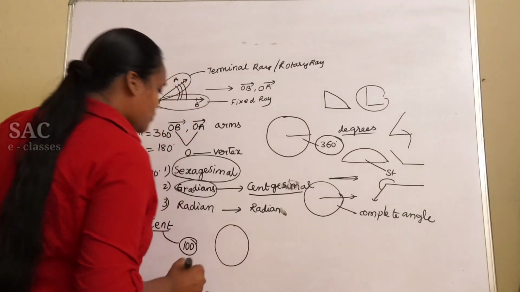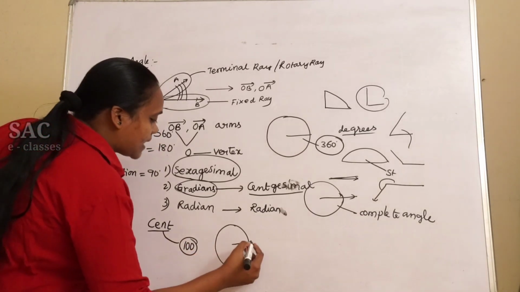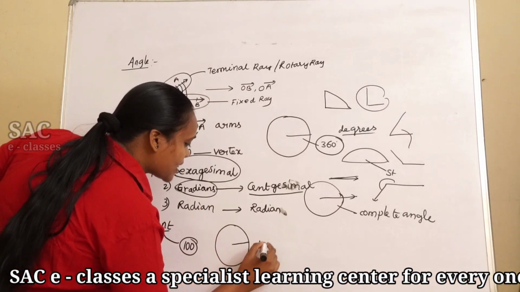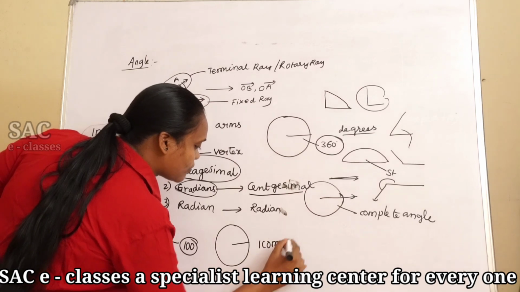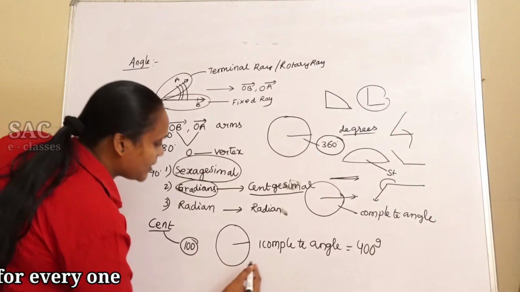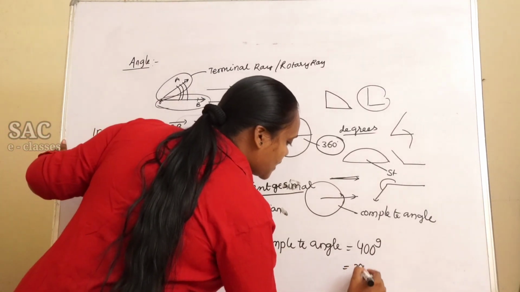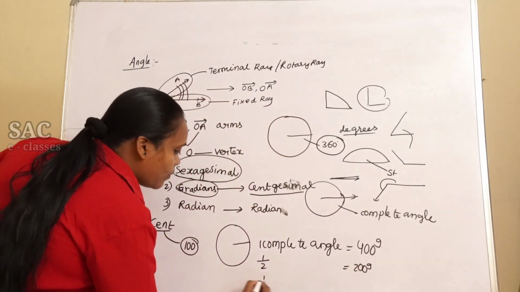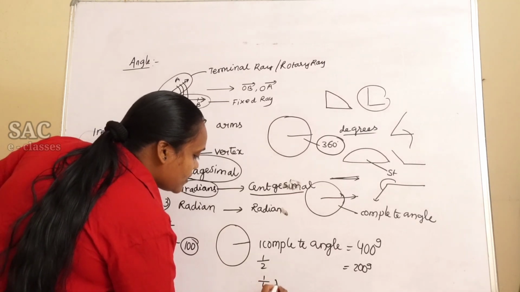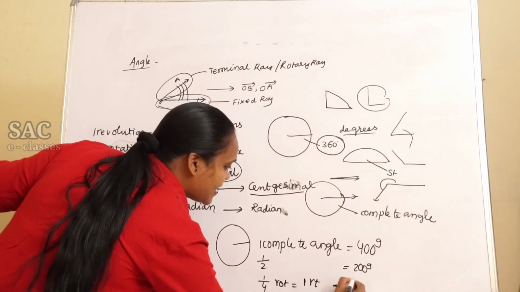In this system, one complete rotation, which is the complete angle, is equal to 400 grades. Half of the rotation is called 200 grades, and one fourth of the rotation, which is one right angle, is called 100 grades.